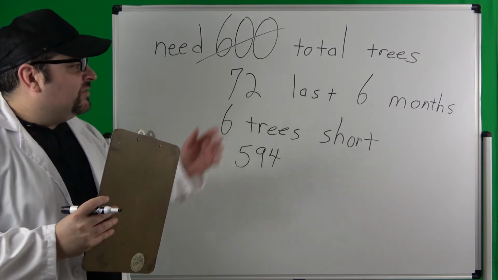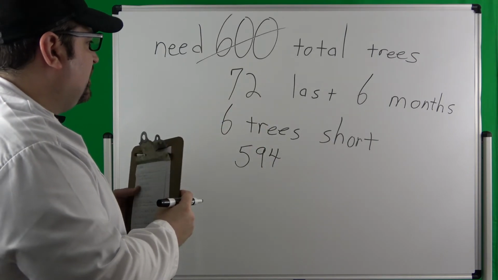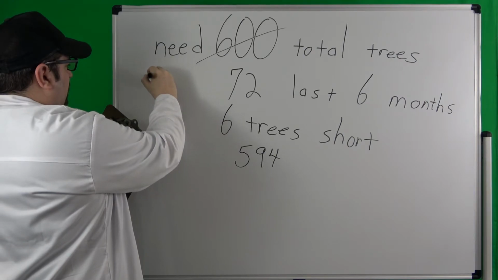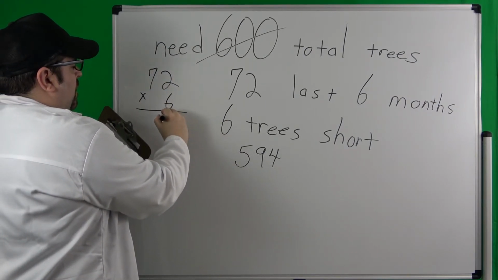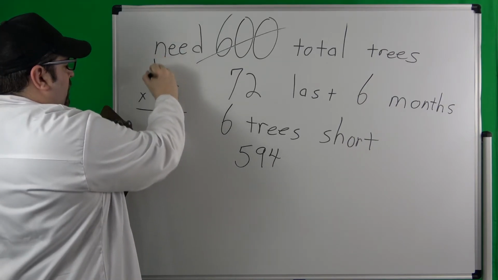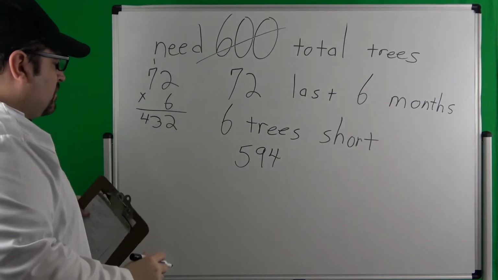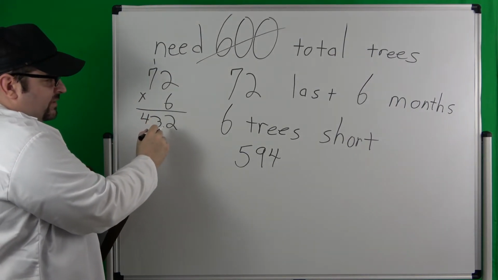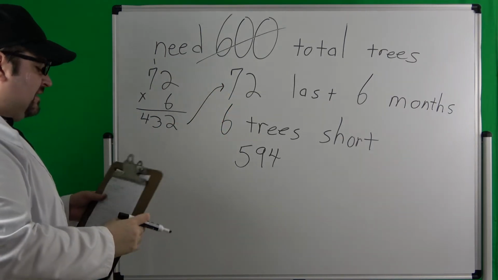And they did 72 the last 6 months. So let's just see what they got those last 6 months. 72 times 6 is 432. So they did 432 in the last 6 months.